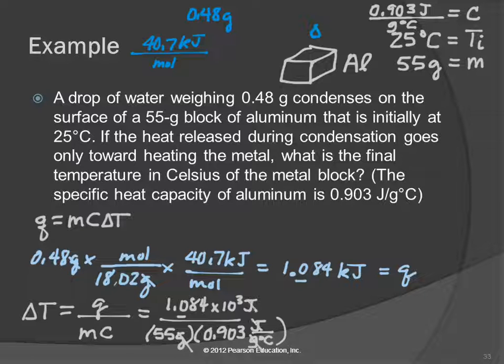Now the joules cancel out. 1.084 times 10 to the third divided by 55 divided by 0.903 equals, the temperature change is going to be 21.8 degrees Celsius.